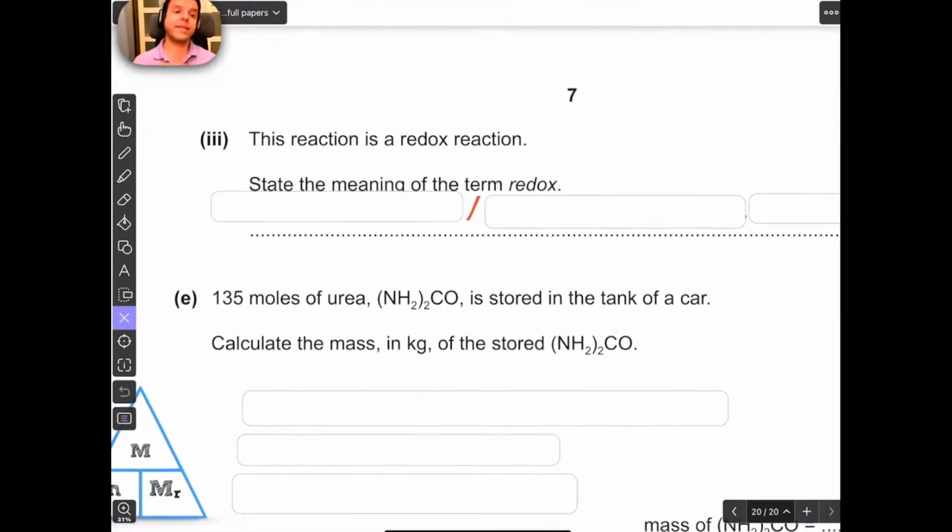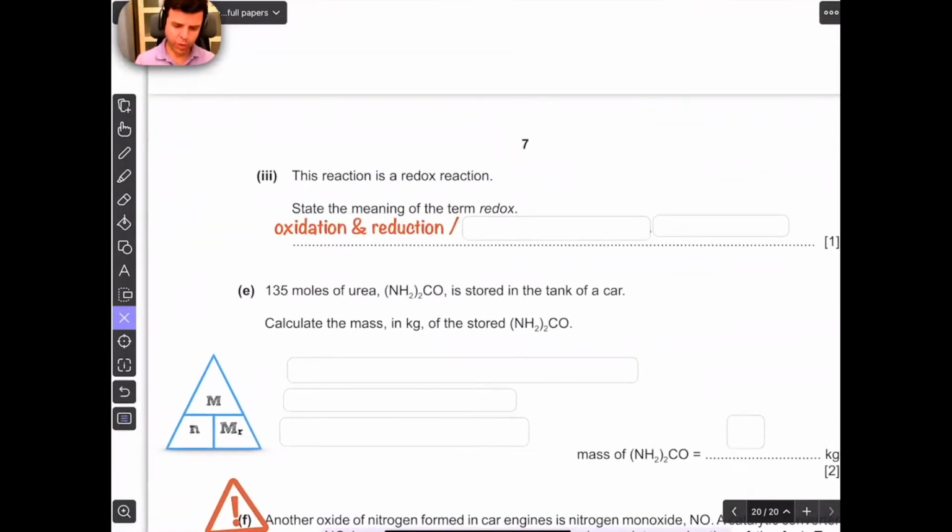Next thing, they said, state the meaning, which means define redox. What's the definition of redox? Heidi? The loss or gain of electrons. Very good. So when electrons are lost and gained, right? If you just translate the word redox, oxidation reduction would also be acceptable.